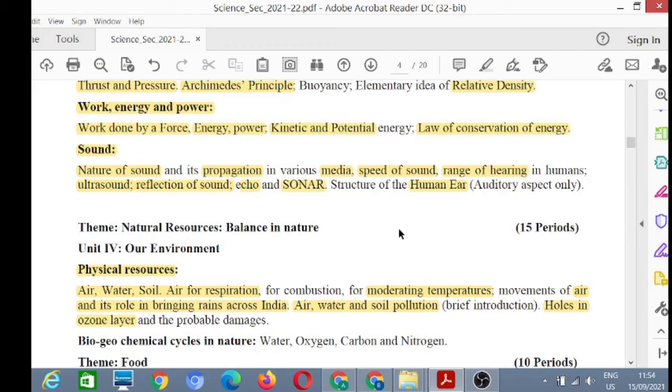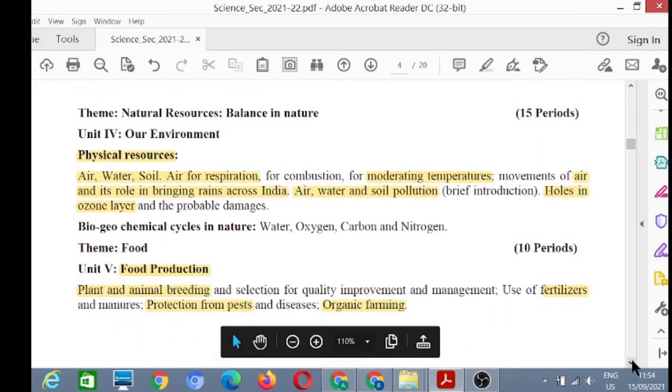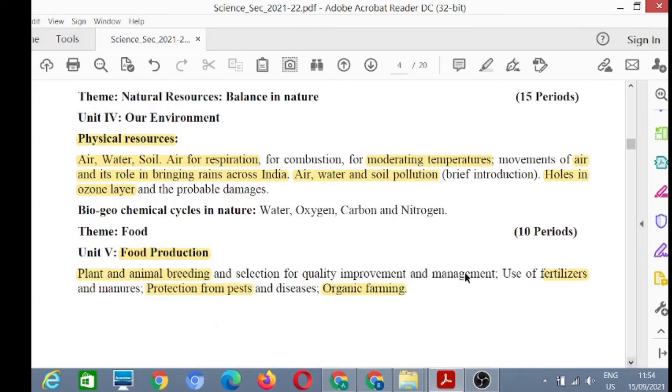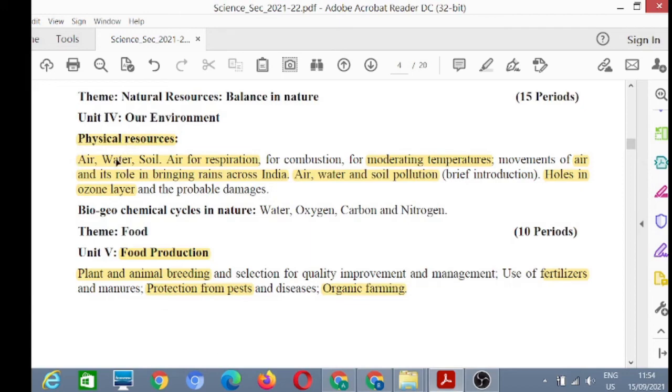Next unit is our environment. Environment issues are very common nowadays due to pollution. So first of all, we will focus on the physical resources. In physical resources we have air, water, soil.